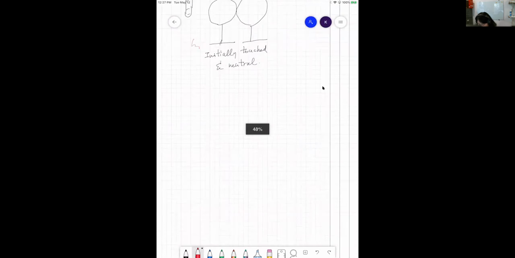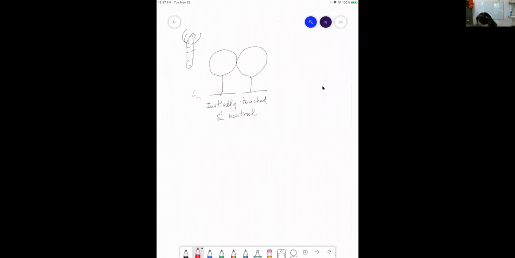If I bring this negatively charged object closer, what happens to these two balls? They're in contact, connected like this, and then I bring it very close.